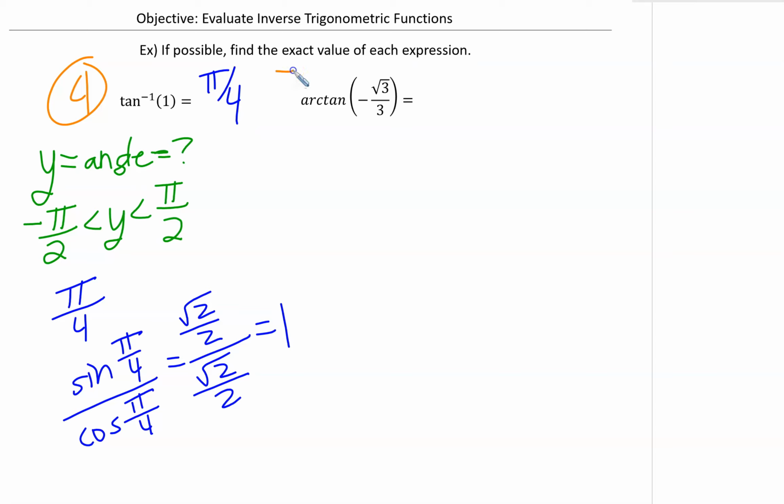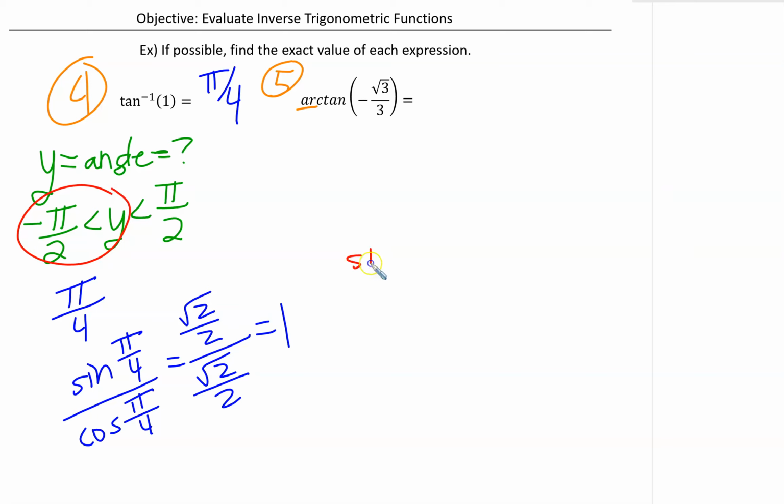For this one, I have an inverse tangent function because of the prefix arc. So again, my angle restriction is the same as the previous problem. Now I'm looking for a tangent ratio that's negative root 3 over 3. Tangent is negative in the fourth quadrant, so I'm now looking at this right here. I'm looking for an angle where the sine over cosine ratio is going to give me negative root 3 over 3.